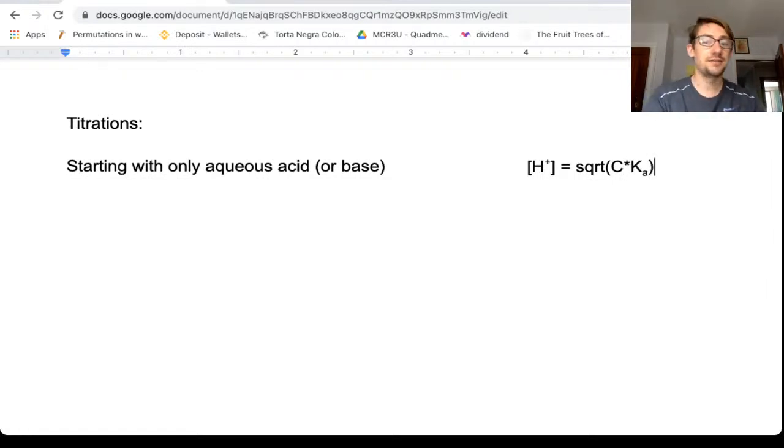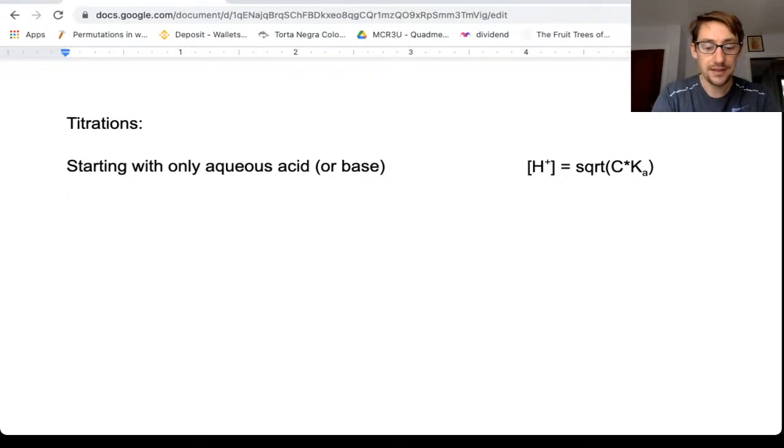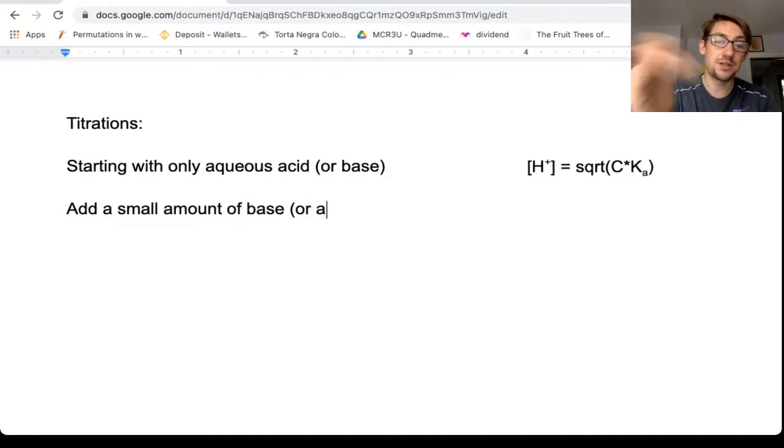Now, there are other ways of doing that. An ice table for equilibrium might be required, but you're basically just saying, I am starting with this acid, here's what the pH is, whatever. Then you're going to add a small amount of base. Or acid if you started with base instead.